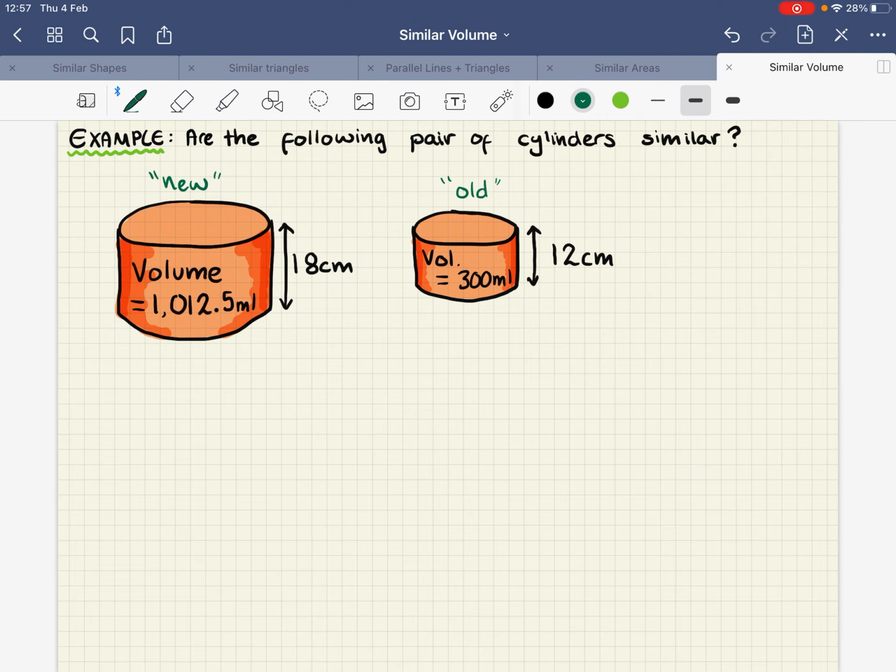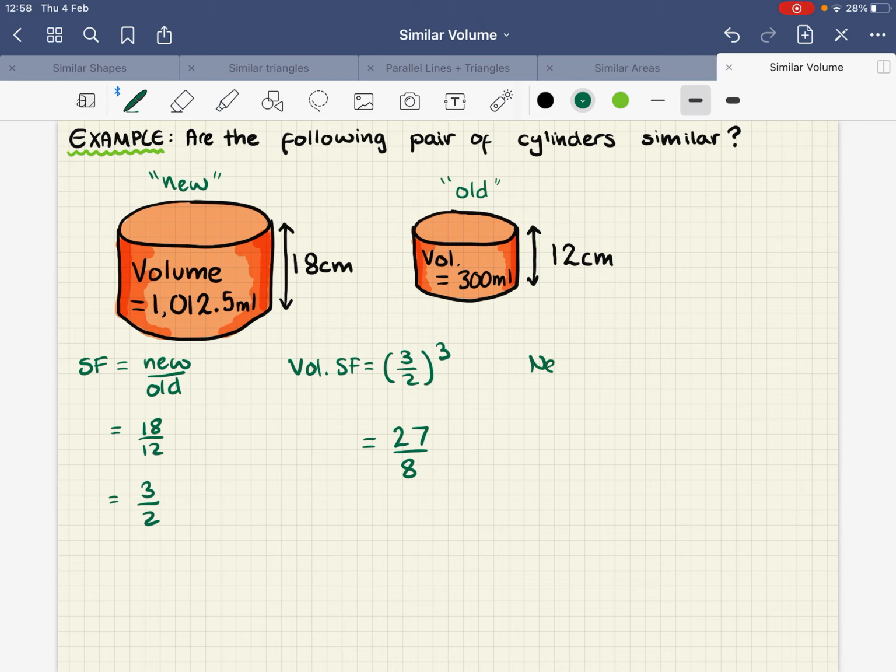I'm going to pretend it doesn't exist and process this all same as before. So my scale factor, doing my new over old, that's going to be 18 over 12, which simplifies down to 3 over 2. So then my volume scale factor is going to be that 3 over 2 cubed. And that's going to come out as 27 over 8.